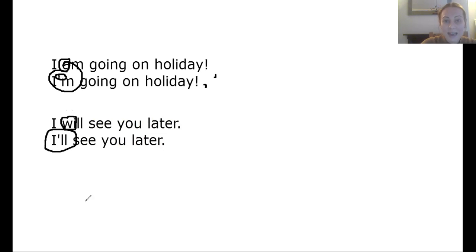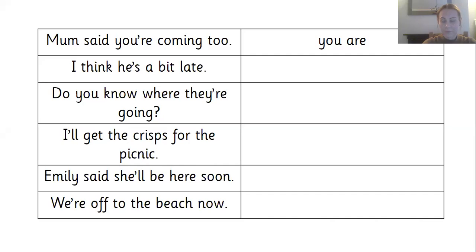So, what I'd like you to do now is to have a look at this piece of work for me. As you can see, we've got two columns in the table. Now, the first column has a sentence in it. And look there, we've got a contraction.